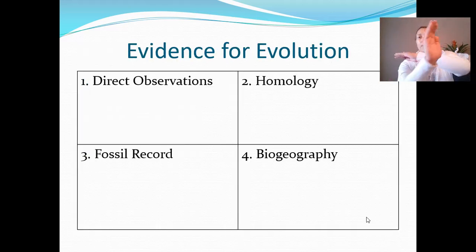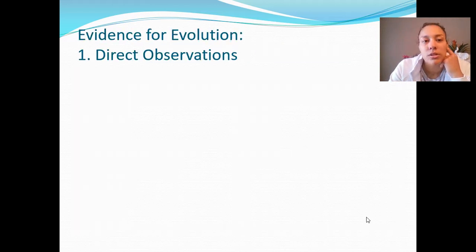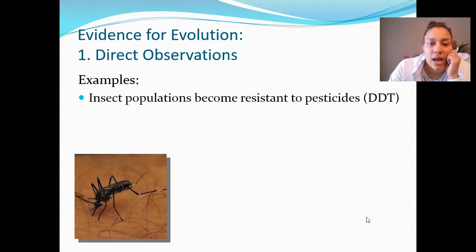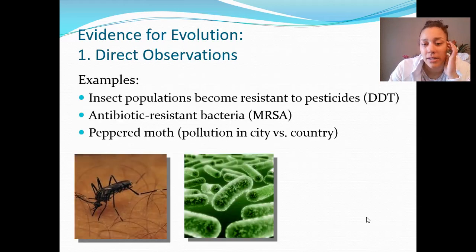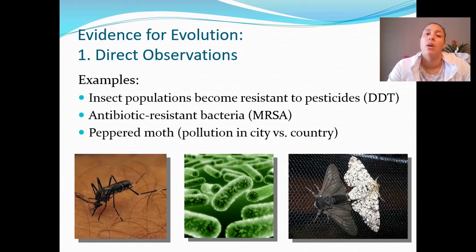You could do a 4 square or a T-chart if you want to when you're taking notes. So evidence for evolution includes our direct observations. We've got these 3 examples for you, but basically, like I was saying before, we can look at how species have changed over time that have been involved with us as humans.